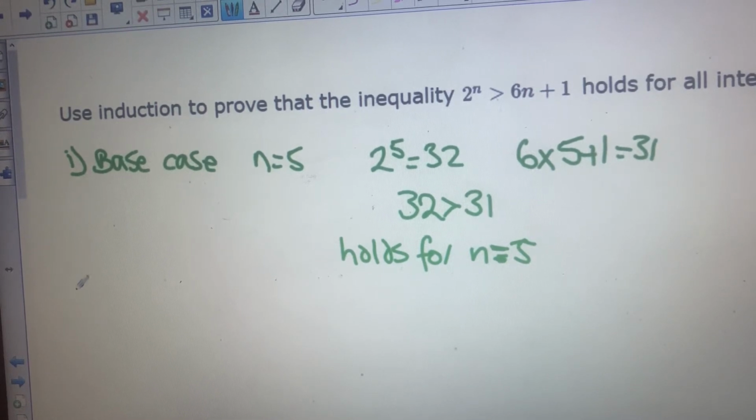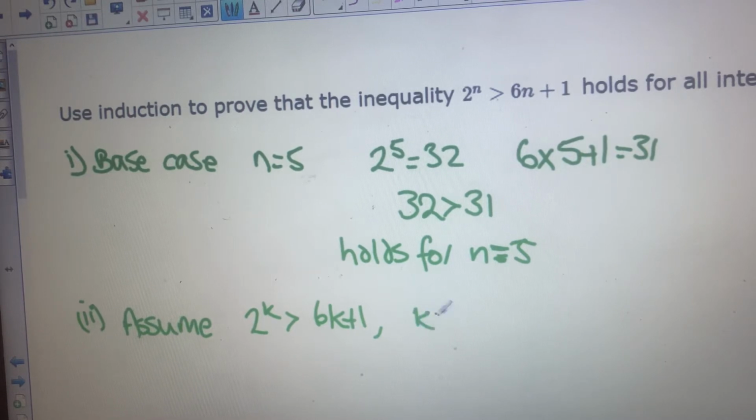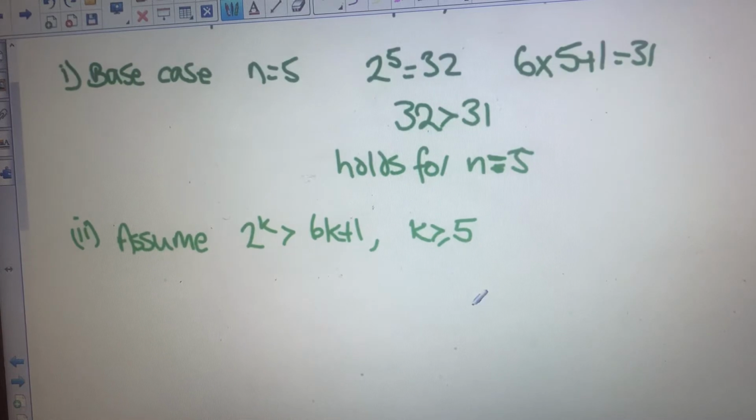What we're now going to do is look at our inductive step. So we're going to assume that 2 to the k is greater than 6k plus 1. But importantly, that's for when k is greater than or equal to 5. That's key to this question.